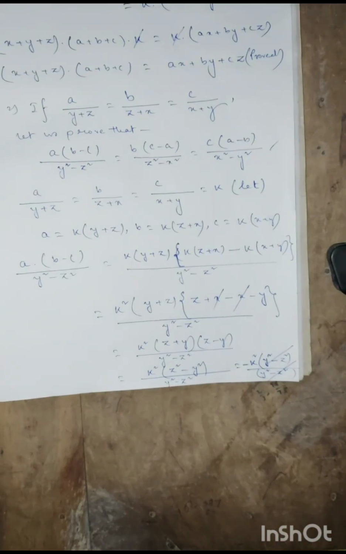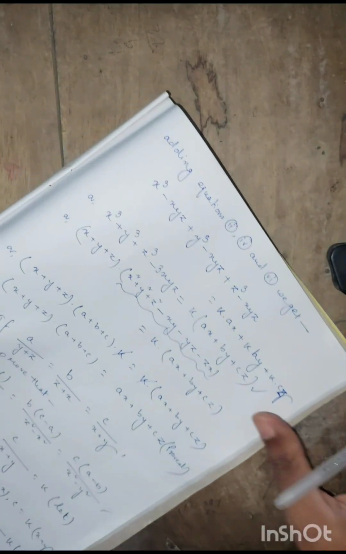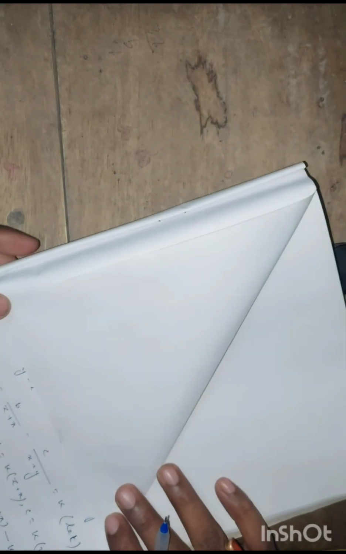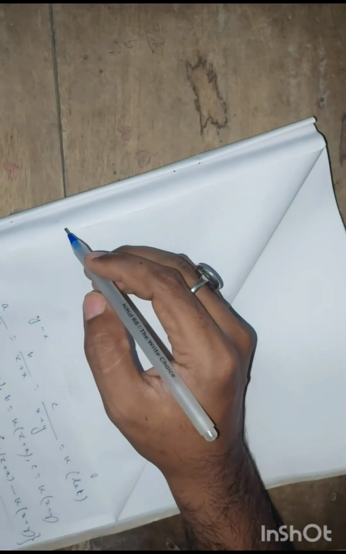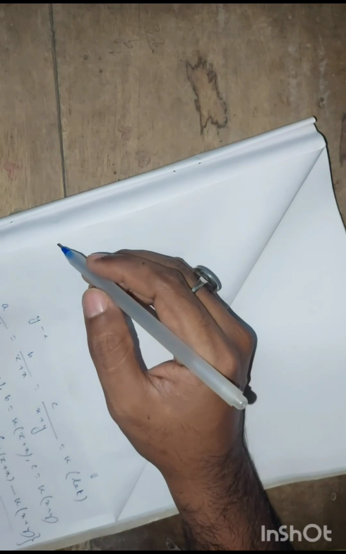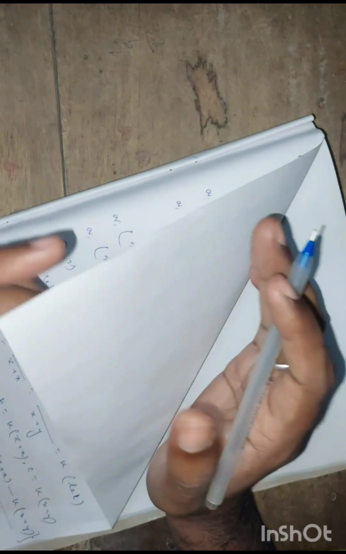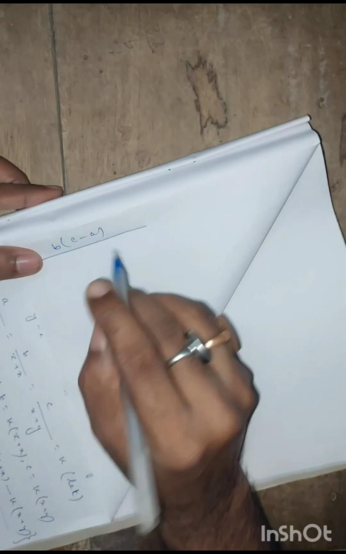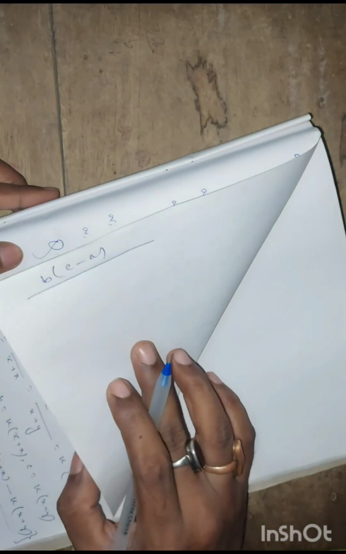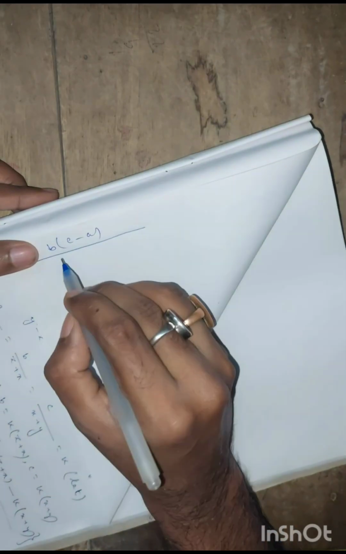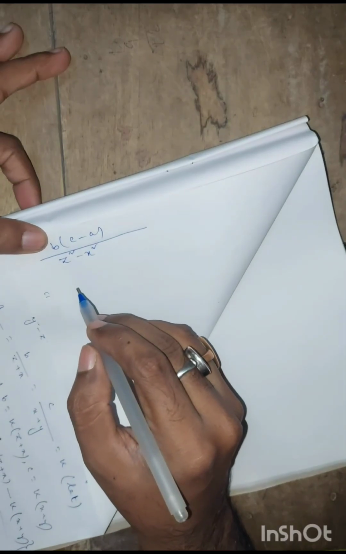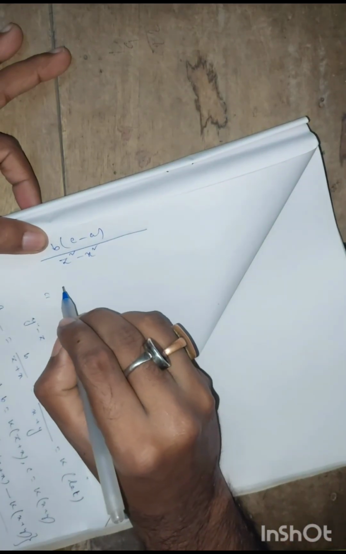Now we are taking the second ratio. In place of b we are putting k into (z plus x).